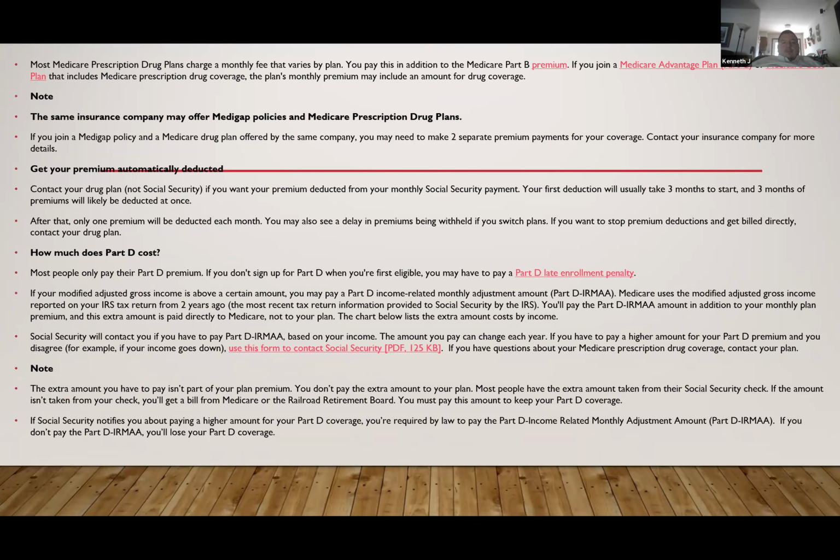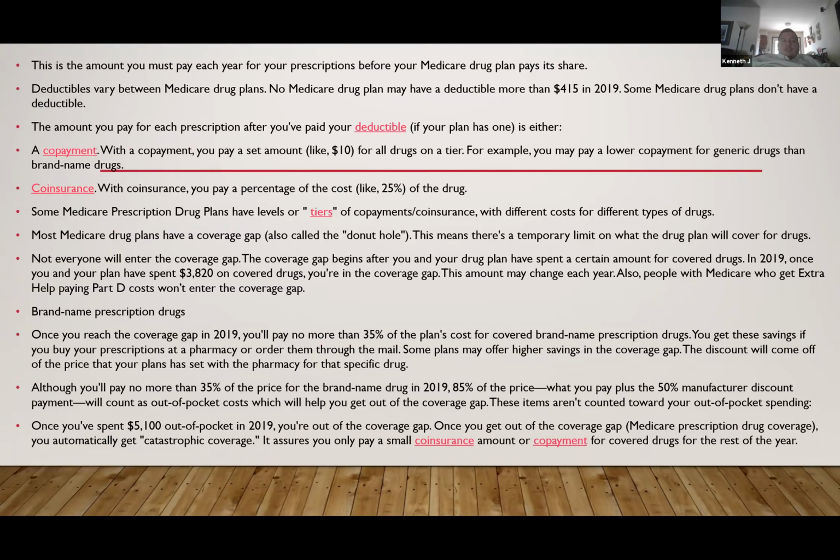And then we go into some more stuff on the Medicare Advantage. Don't really want to spend a ton of time on this. We would spend more time on it if you were talking one-on-one.